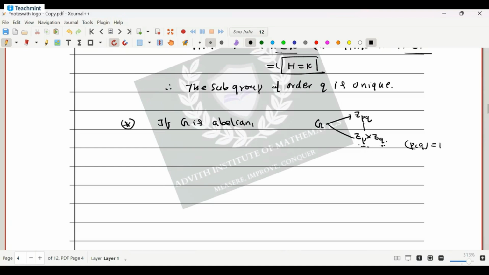So that means these two are equal అండి. సో ఒకే ఒక isomorphic group exist అవుతుంది, that is ZPQ, sir. So therefore if G is an abelian group, then G is isomorphic to ZPQ, sir.